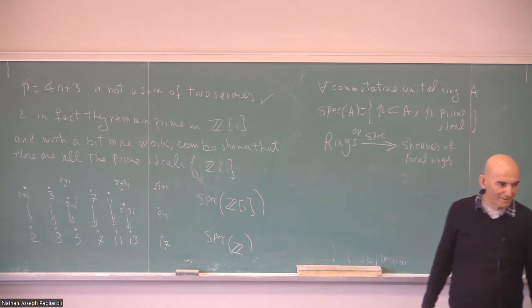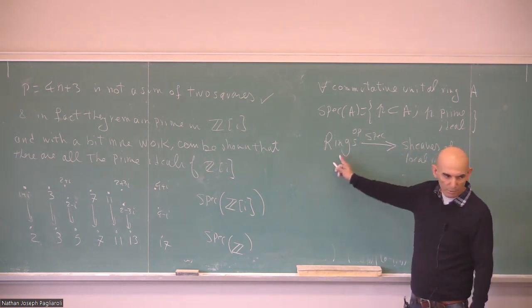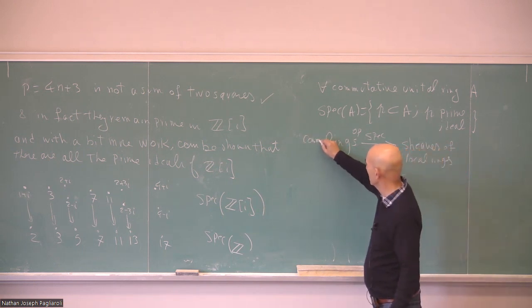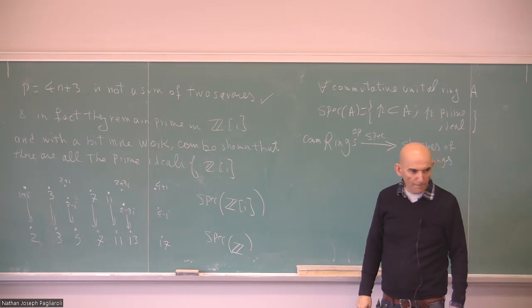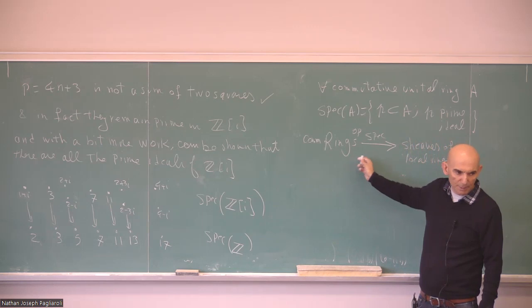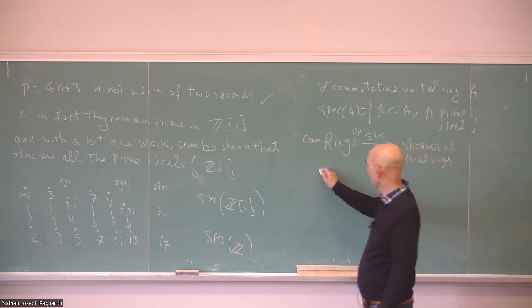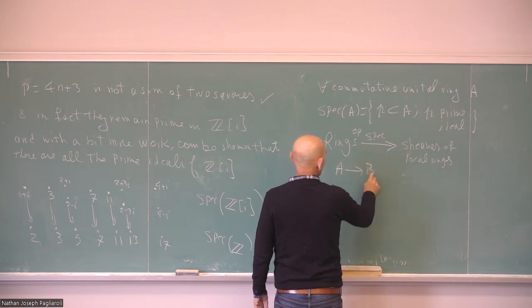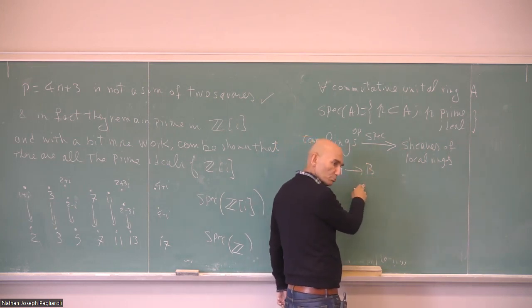This is the opposite category, the category of commutative rings, okay? So let me explain this. If you have a map f from A to B, just a ring map, right?